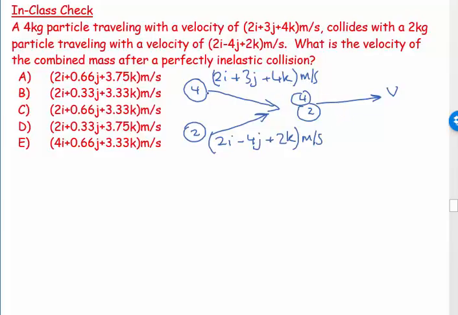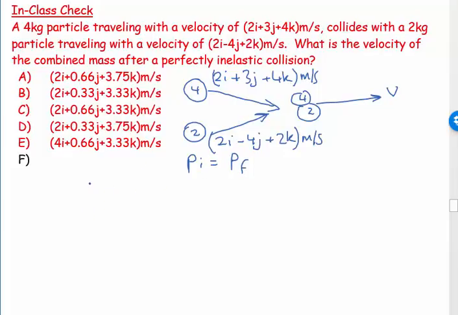So the key thing to realize, it's a perfectly inelastic collision. And as one of the two types of inelastic collision, momentum is conserved, but kinetic energy is not. So we're going to say P initial equals P final.